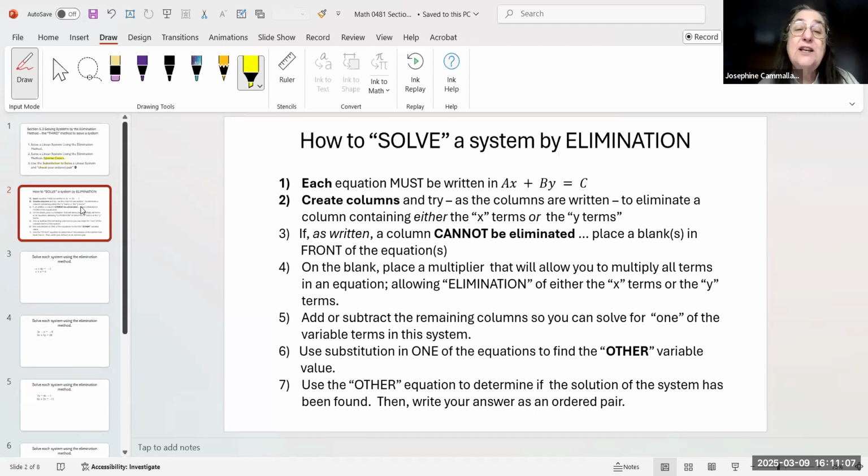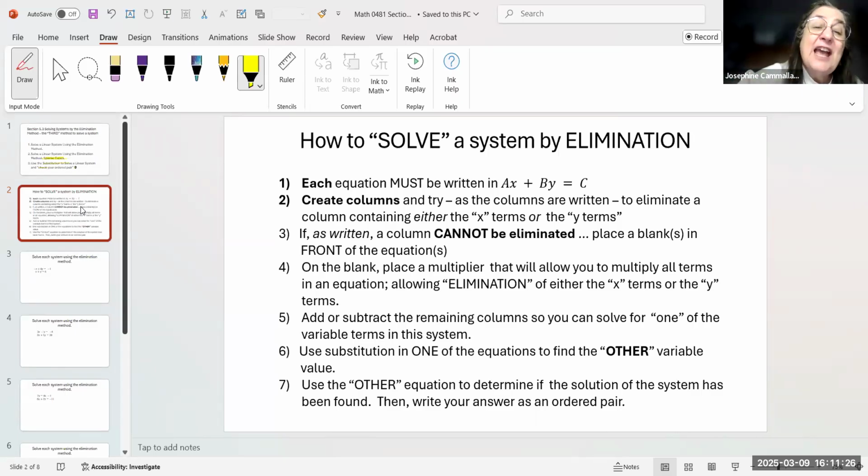Now, that means one x or y has to be positive and one x or y has to be negative to eliminate them, because we're eliminating columns that add to 0. And to do that, I've got to have opposite signs.